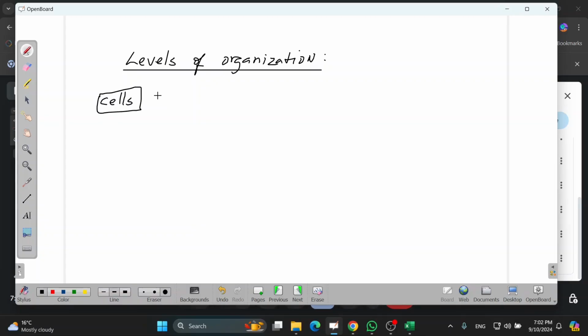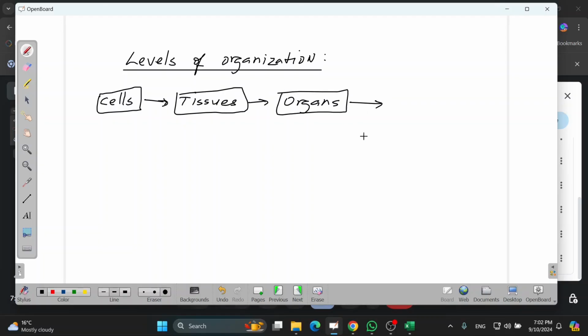And the cells group together to make tissues, right? And tissues group together to make organs. And then the organs group together to make organ systems. And several body systems will make an entire organism.